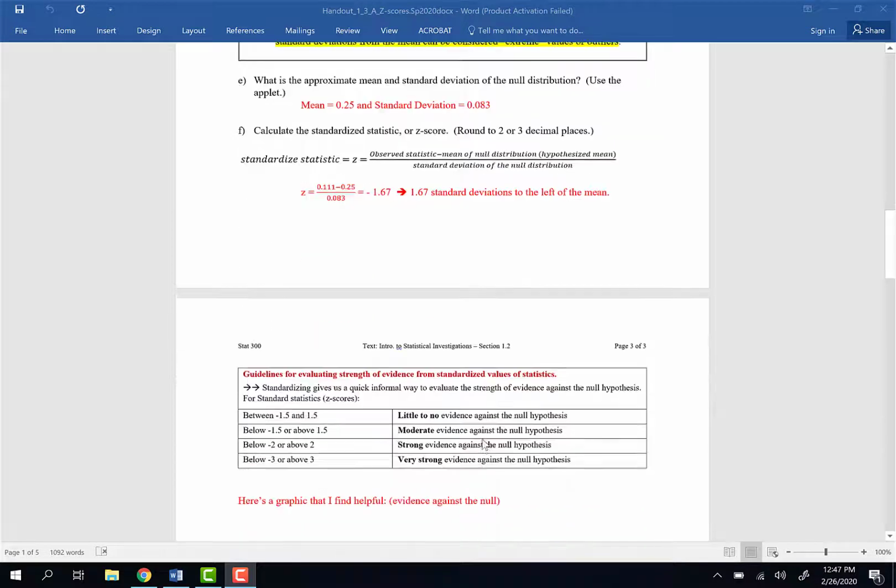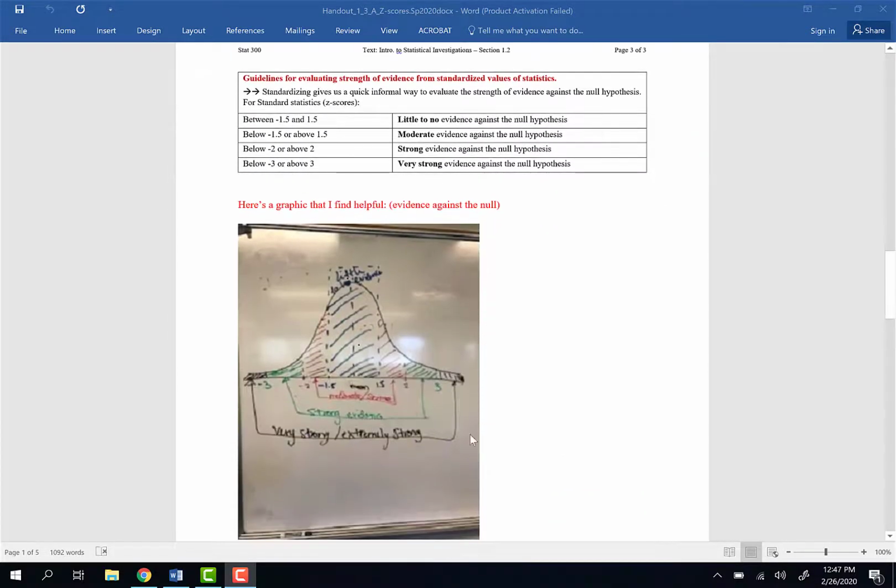And in the key, you should have seen my little graph. In here, what I want to show is the strength of evidence against the null hypothesis. Remember, the null hypothesis is a what-if scenario: what if things are happening by random chance alone?